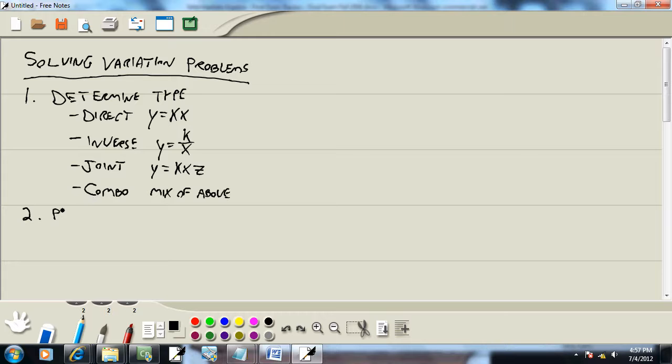Now, step 2, pick variables that make sense. X's and Y's don't make sense. Then step 3, you want to look for your one example.